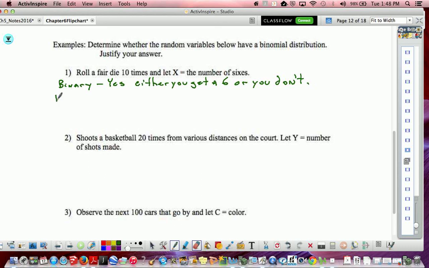Is it independent? Yes. I'll accept that. Dice do not have memories.